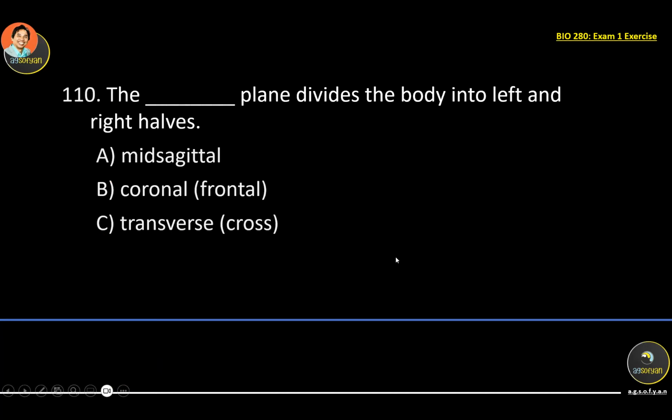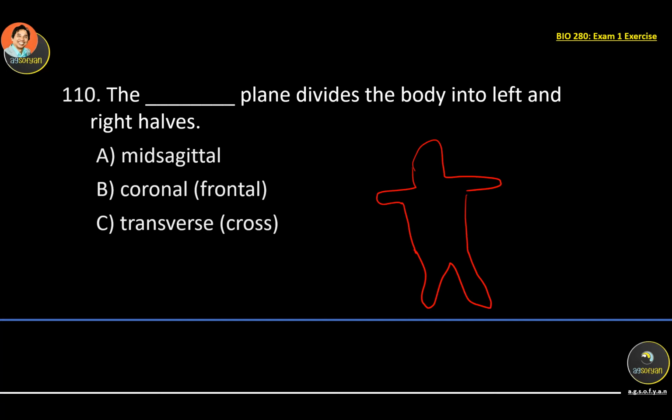The blank plane divides the body into left and right half. Sagittal or mid-sagittal, coronal or frontal, or transverse or cross. Which one? Let's say this is our body. It can be divided into several sides.